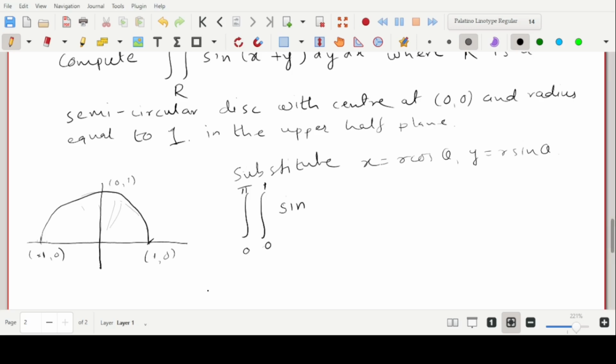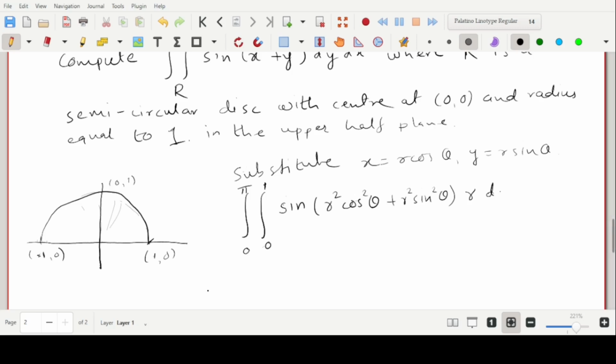And now what is the function? It is sine of x square plus y square, so that is r square cos square theta plus r square sine square theta. Now we have to multiply it by the Jacobian, but we know that when we use polar coordinates, the Jacobian is r, multiplied by dr d theta, since first we are integrating with respect to r.